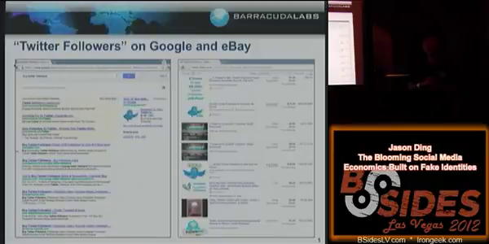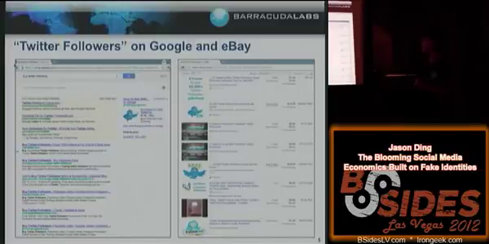When you do a Google search for "buy Twitter followers," you can see many websites selling Twitter followers. Among the top 100 Google search results for this term, 58 websites are selling fake profiles and followers. 58 is more than half.